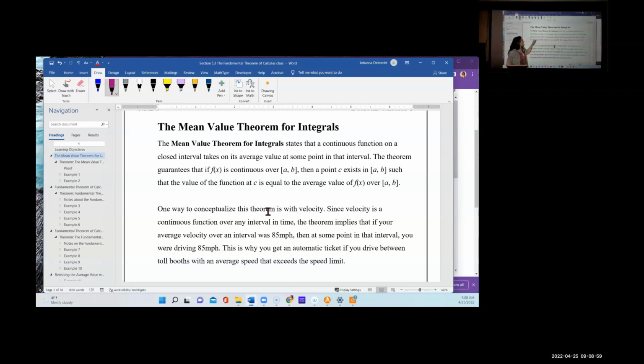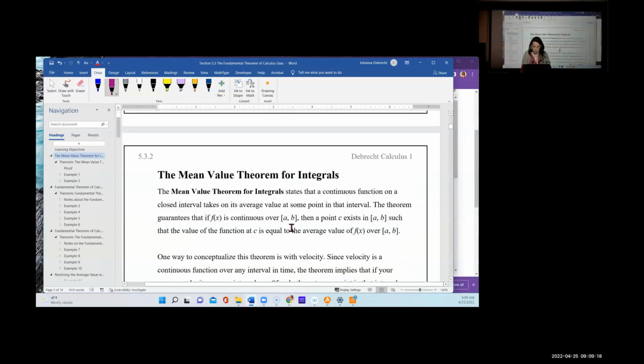What it says is that as long as you have a continuous function on a closed interval, then that function will take on the average height value at some point in that closed interval. In other words, somewhere it has to hit that average height.